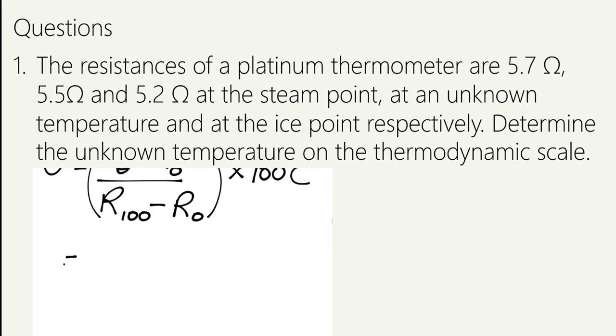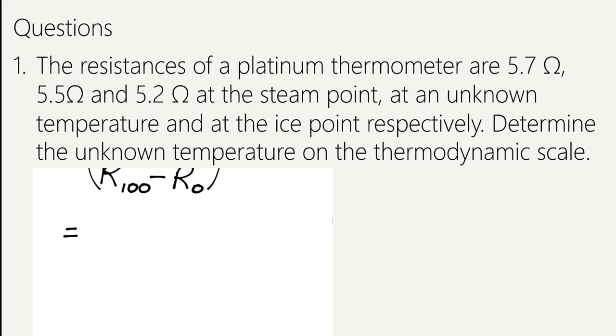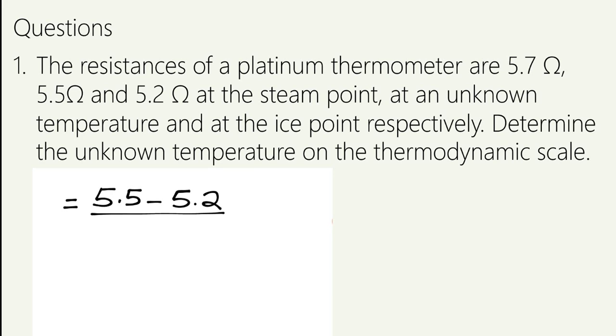So we are going to end up with, what is R theta? The resistance at the unknown temperature is given as 5.5 minus the resistance at the ice point, 5.2, divided by the resistance at 100, or at the steam point, 5.7, minus the resistance at the ice point, which is 5.2.